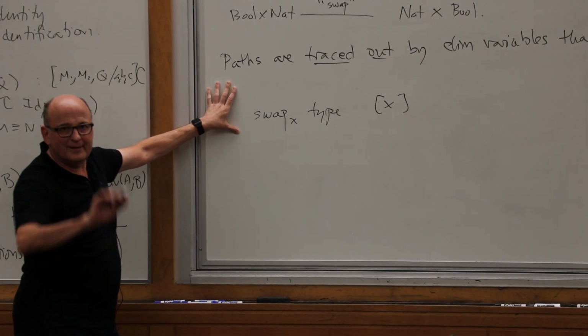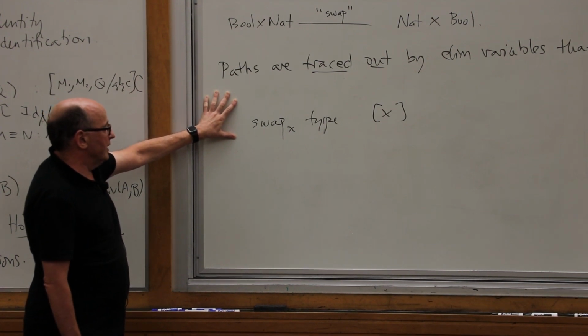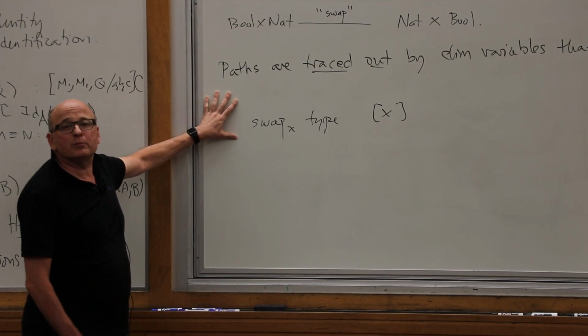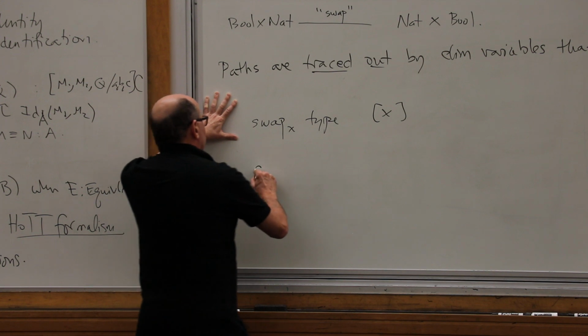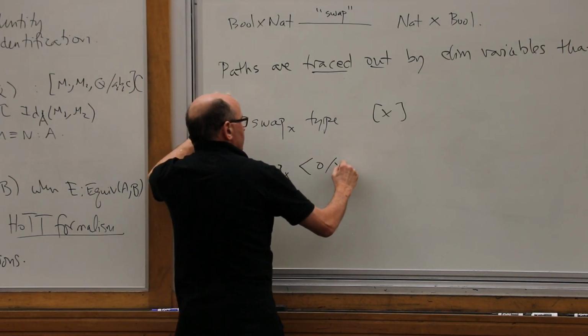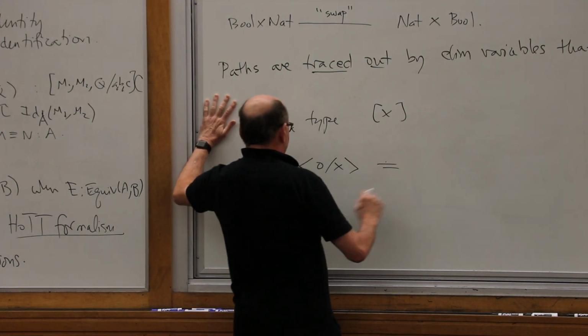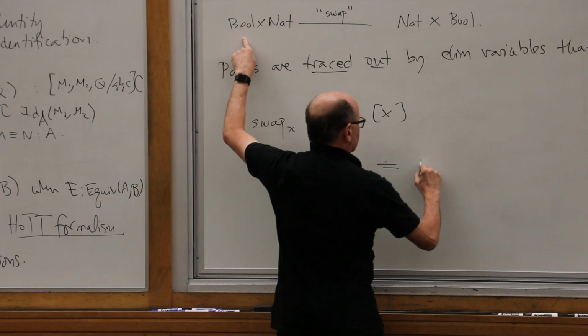So swap is a type, and we obtain its endpoints by substitution. If I take swap sub x, and we use angle bracket substitution, I plug in 0 for x, it ought to be exactly equal to bool cross nat.